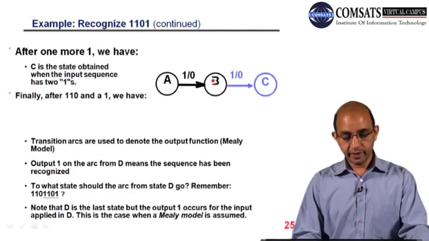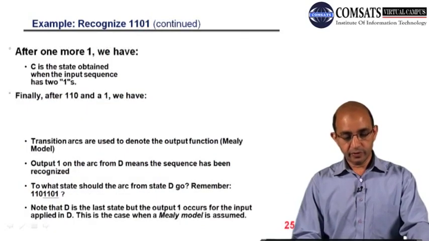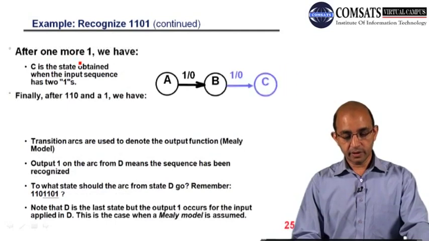So we were here, if I go back, and we already know that 1 has already occurred. After that we have another 1, and we reached C, and you can see the output. It means this combination has not been recognized or identified so far.